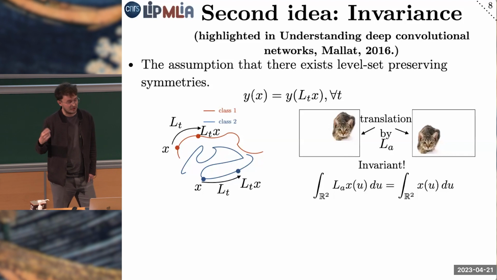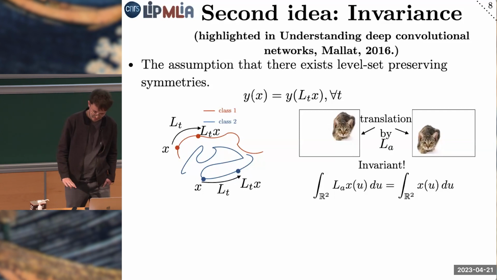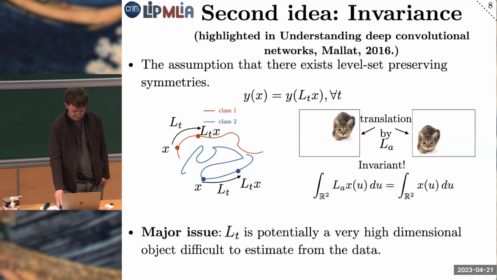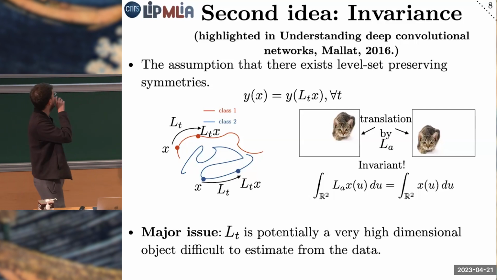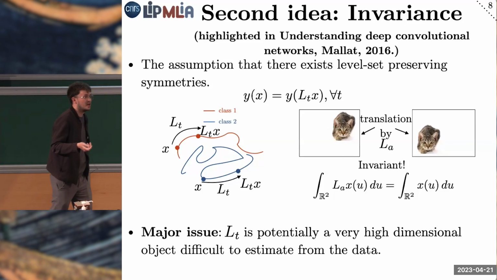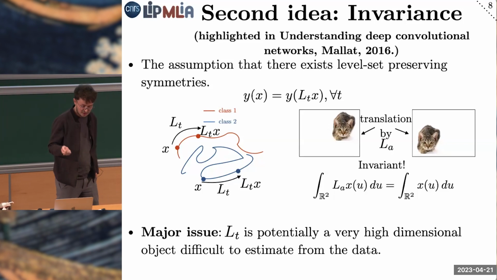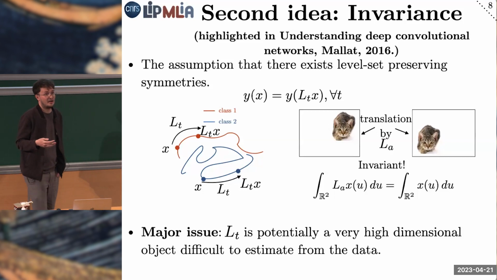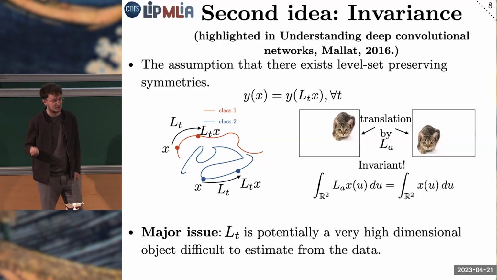If you want to get an invariant, you simply need to do an averaging along the orbit of this symmetry. Unfortunately, there is again another issue here, which is that the symmetries are potentially in high dimension, and thus we might struggle to estimate them.